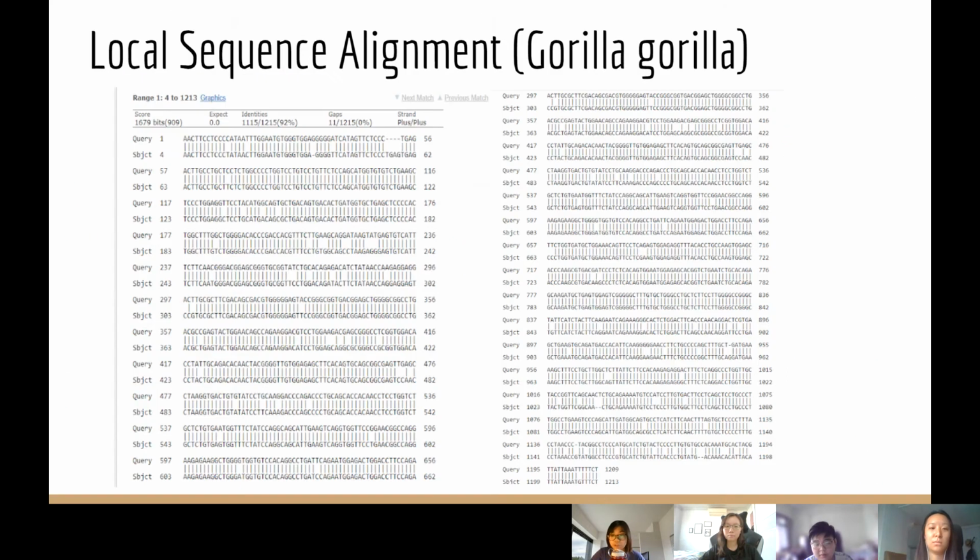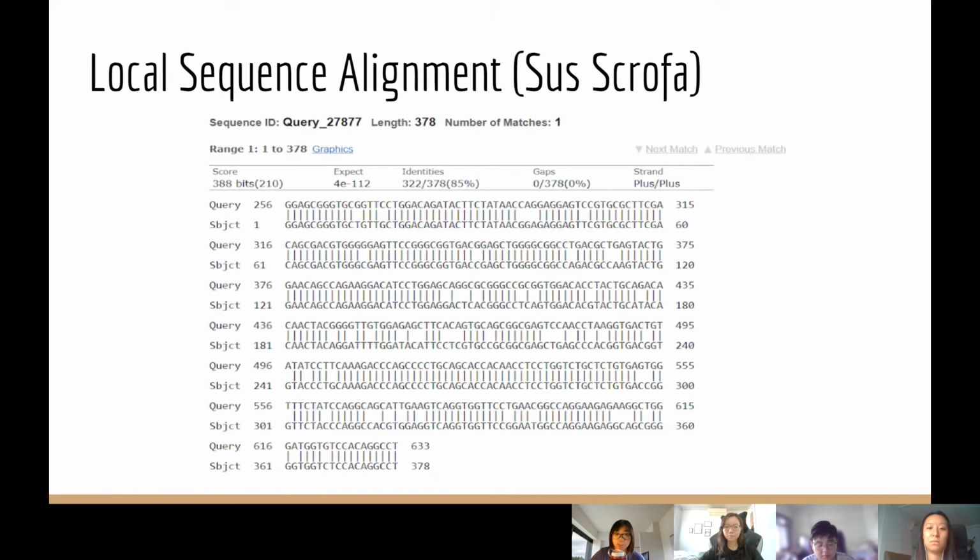So this print screen shows the local alignment using BLAST and the mRNA sequence of the gorilla. This is the result. And the next slide shows the local sequence alignment using BLAST for Sus scrofa, also known as the pig.